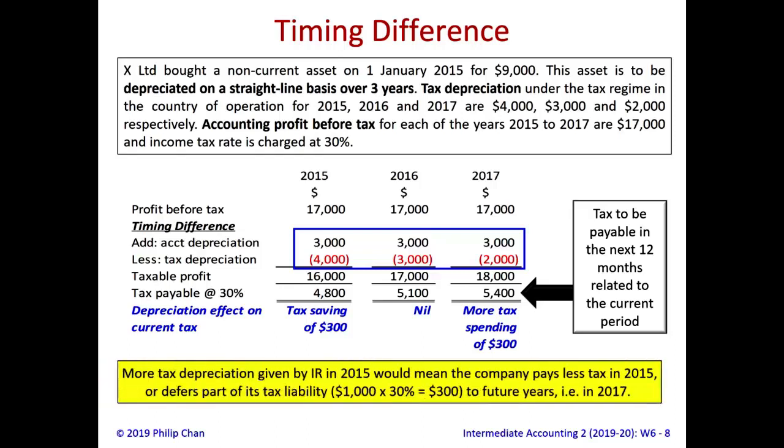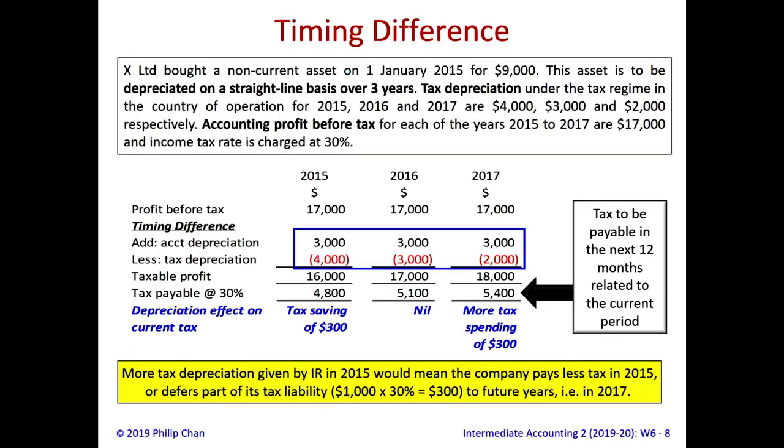Now, to summarize, because we have more tax depreciation as given by the Inland Revenue in the year 2015, 4,000 minus 3,000, 1,000 more for tax, the company should pay less tax because of the higher tax depreciation, as compared to the accounting one.